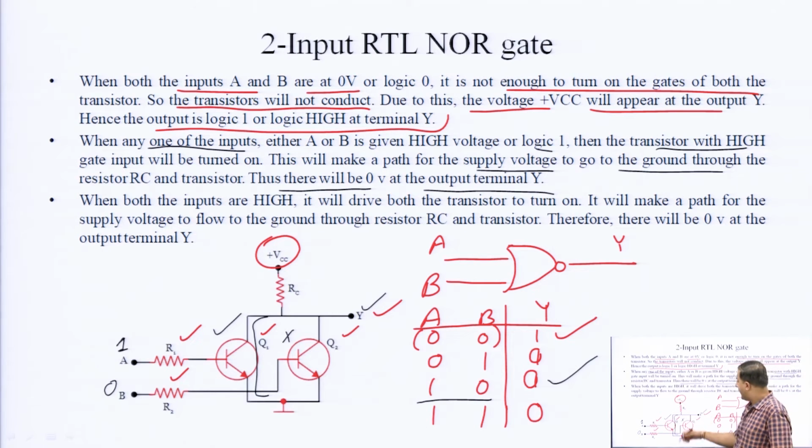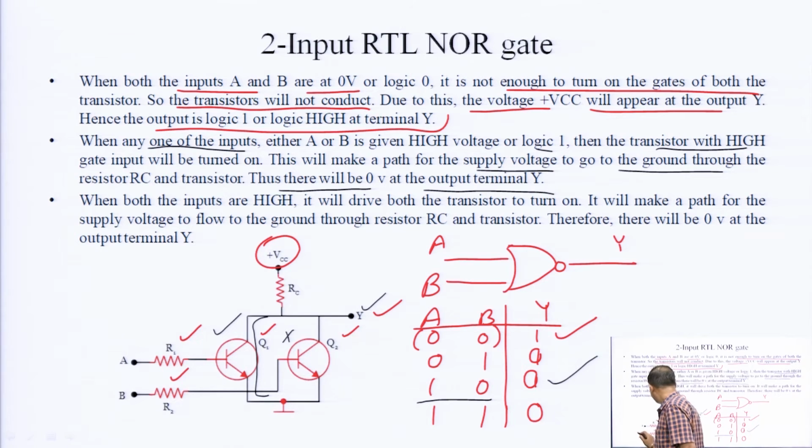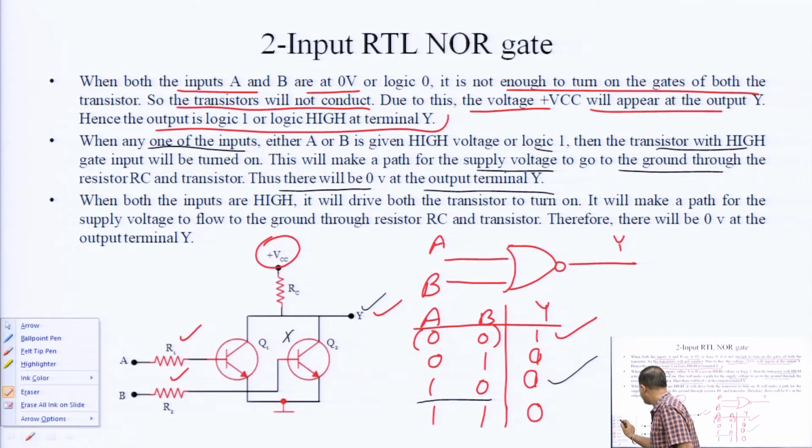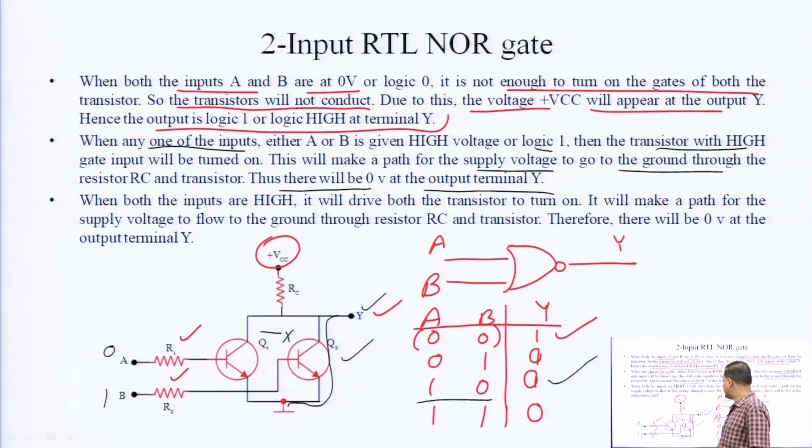Got it? Again, if we do the next combination, here A is 0 and B is 1, then this will work and this will not work. So, now this will be short circuited, a closed switch, and the output will be connected to the ground.